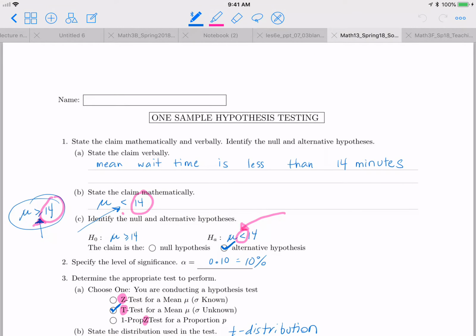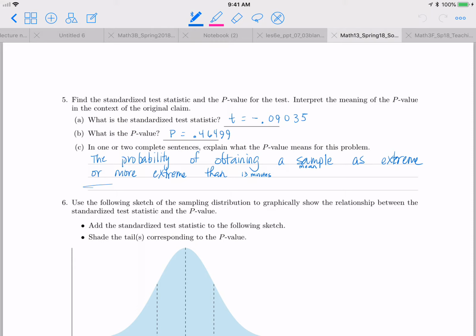Okay, so let me erase this, and we get 19.4899.